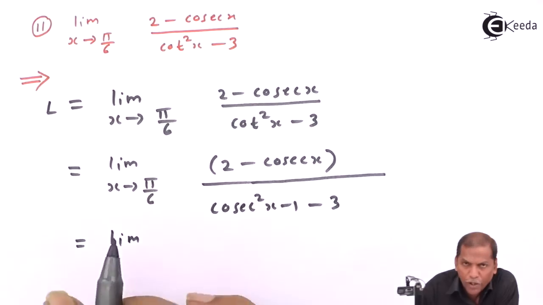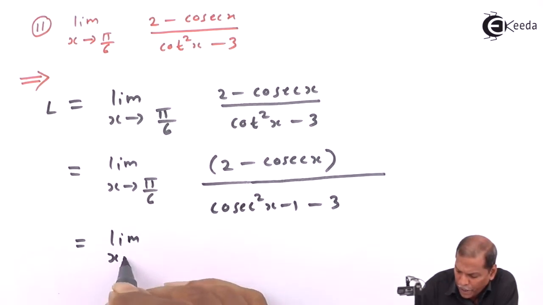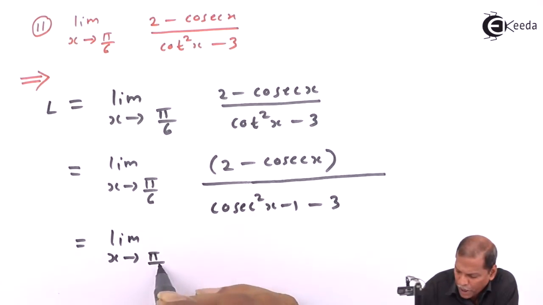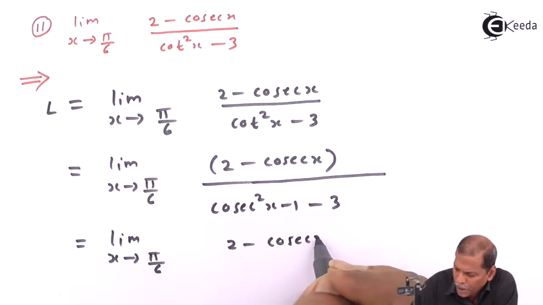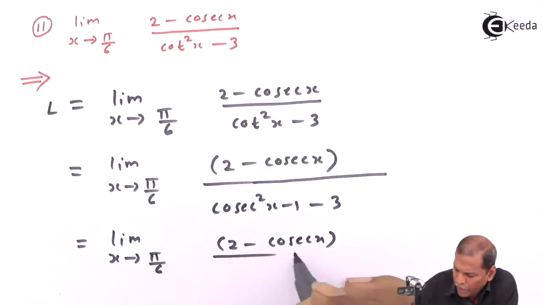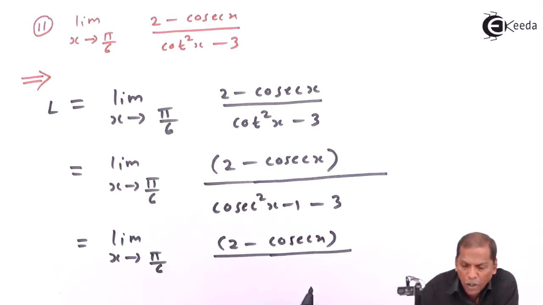On simplifying further, we get limit x tends to pi by 6, 2 minus cosec x in the numerator, upon cosec square x minus 4 in the denominator.